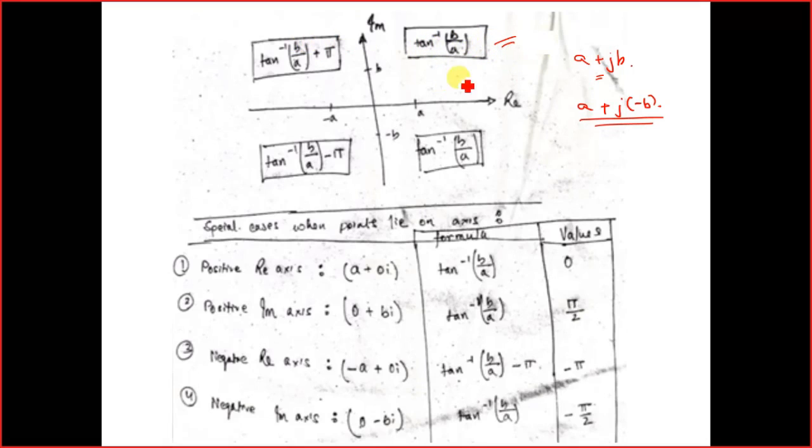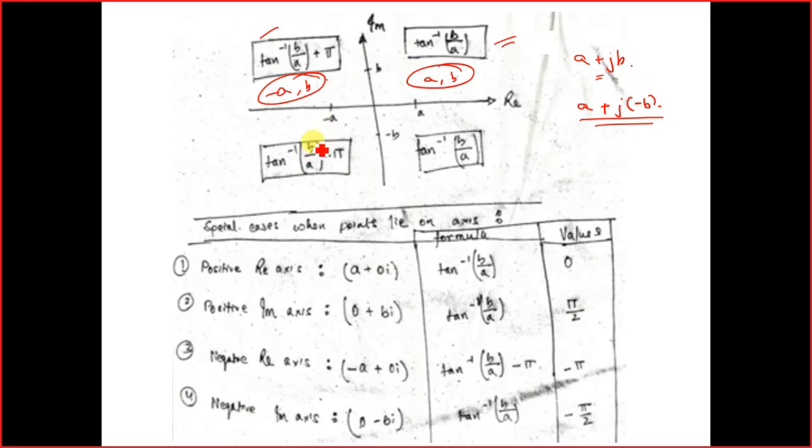If we have A positive, B positive in this quadrant. Over here, A is negative and B is positive, so the phase would be calculated using tan inverse of B by A plus pi. Then in the third quadrant, where both A and B are negative, it will be tan inverse of B by A minus pi.